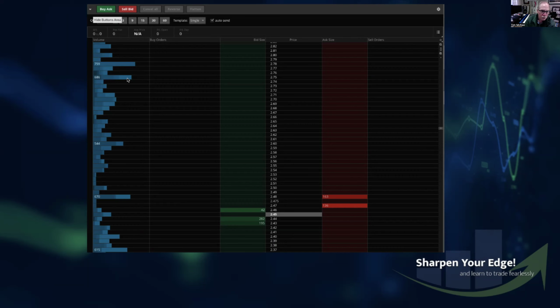Unfortunately, it doesn't represent advancers and decliners. That would be useful if they had turned this into a two-color bar with a fulcrum to allow us to see, in terms of volume, the ratio between up bars and down bars.